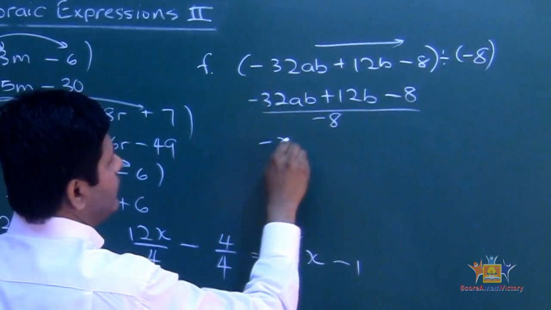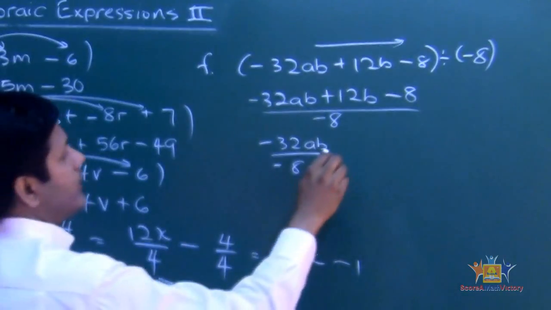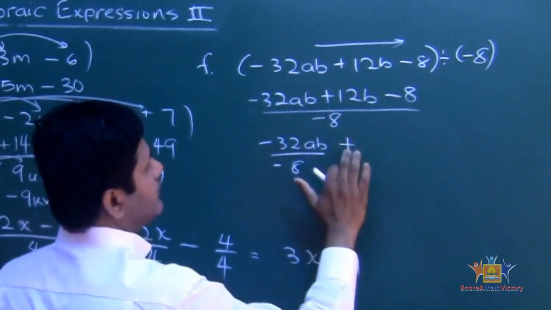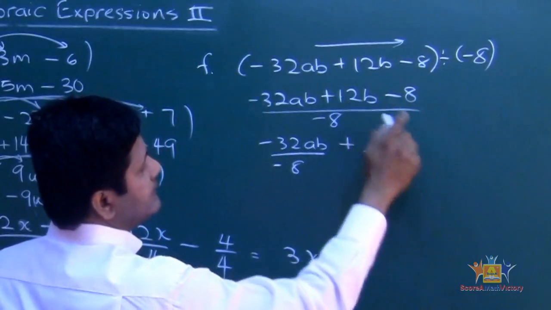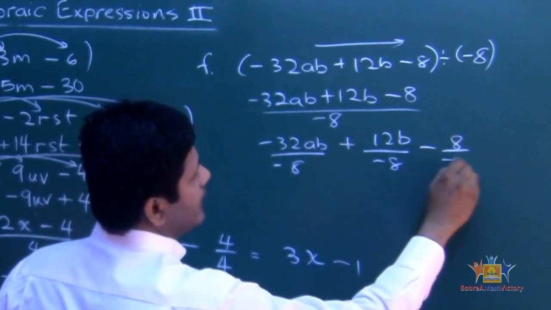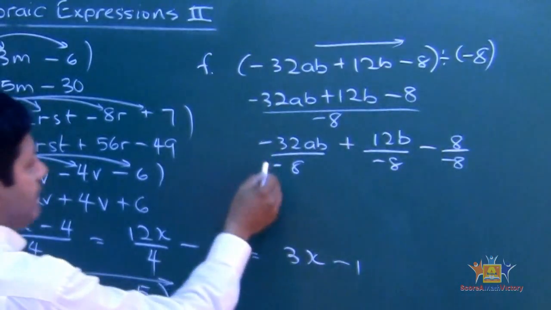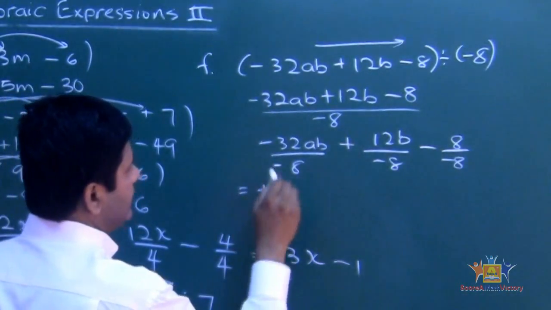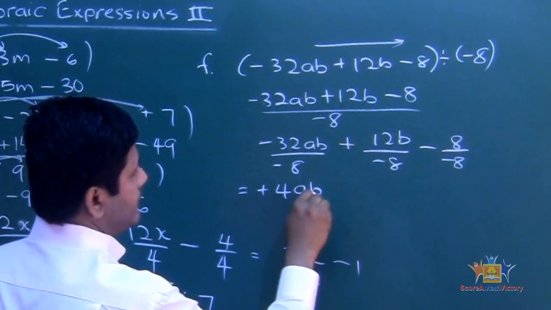So negative 32ab over negative 8. Don't do anything yet, just write it down. Plus 12b over negative 8, this negative put right there, and then 8 over negative 8. Now negative, negative, positive. 32 divided by 8 is 4ab.